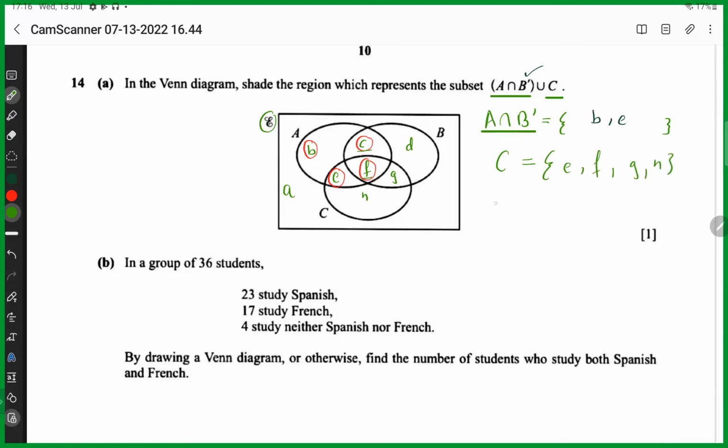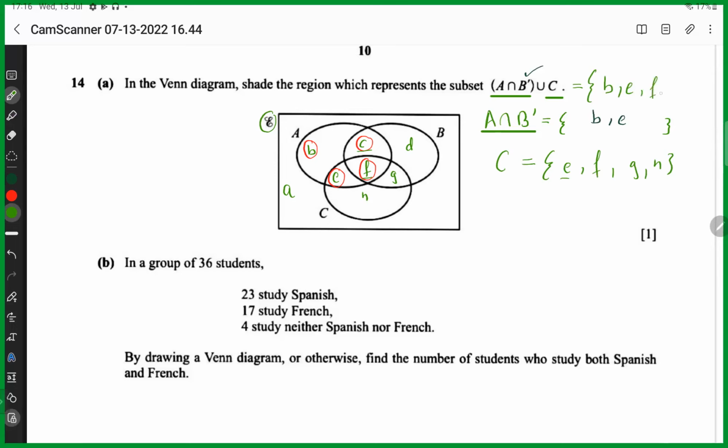Okay, now when we talk about the union of both these sets, I am going to write down everything, and if anything is coming common, I'll just write that thing once only. So B, E, I have E here again, so I have just written E once.